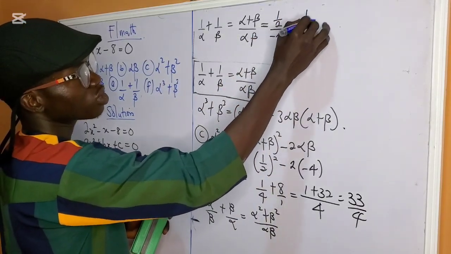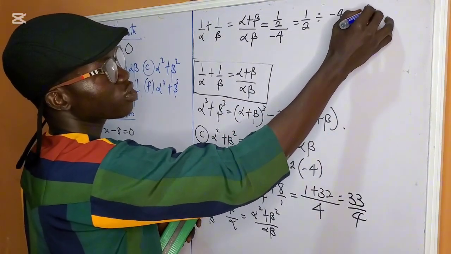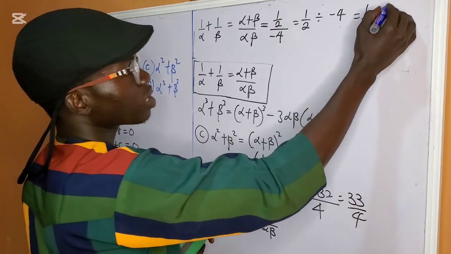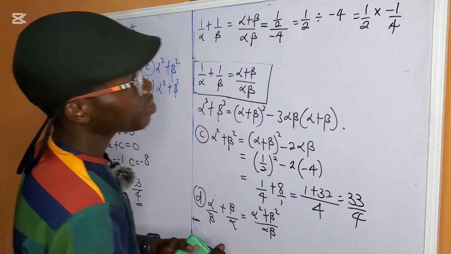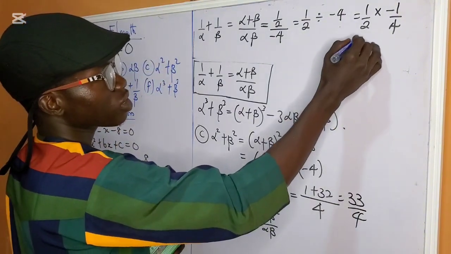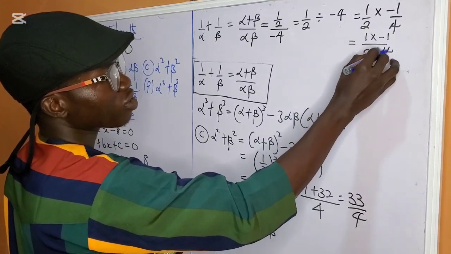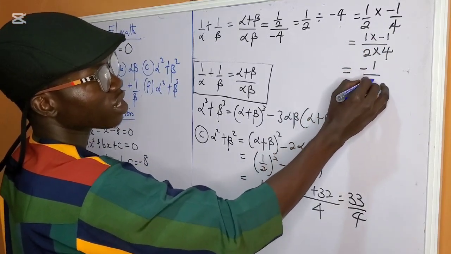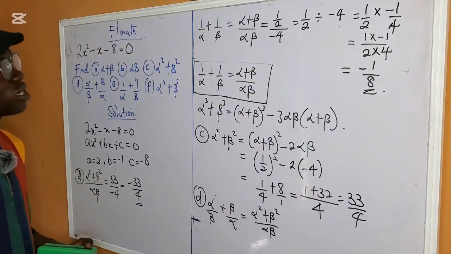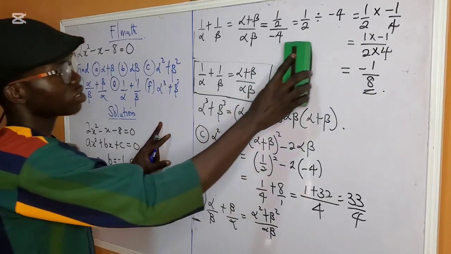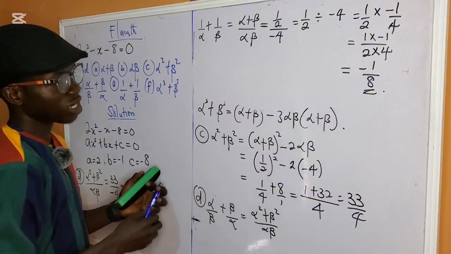So that's 1 over 2 divided by -4, which is the same thing as 1 over 2 multiplied by -1 over 4. So that will give us 1 multiplied by -1 over 2 multiplied by 4. And the answer to this is -1 over 8.